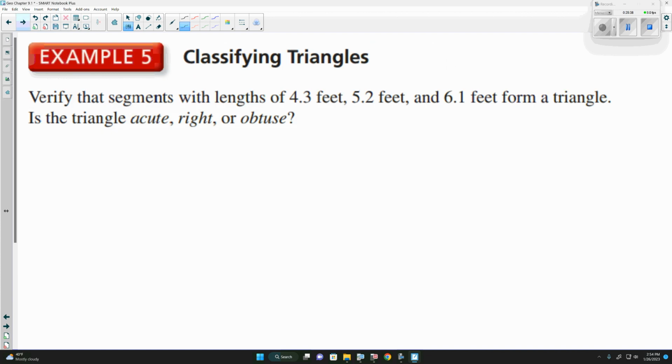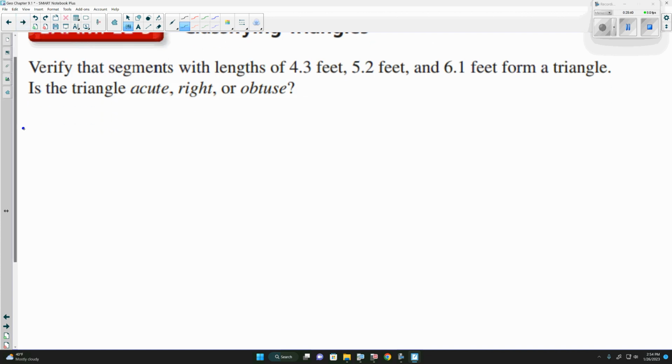So let's look at this first one here. Verify the segments 4.3, 5.2, and 6.1 feet form a triangle and classify it as acute, right, or obtuse. That they form a triangle is really saying: do the two smaller segments add together to be greater than 6.1? Yes, so it is a triangle.